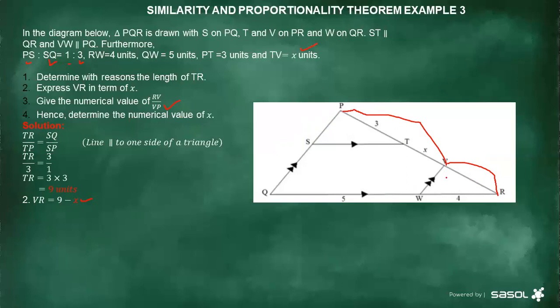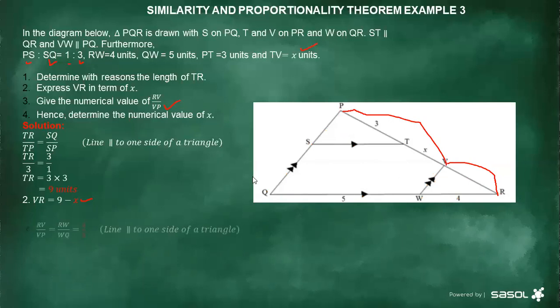Now the way we have moved on this side, we must also move the same way to the other side. Now, since we have done with this side, where we are having a line ST parallel to QR, we are now looking for this one, where VW is parallel to PQ, meaning this side here, PR, is equals to this side here in terms of proportionality.